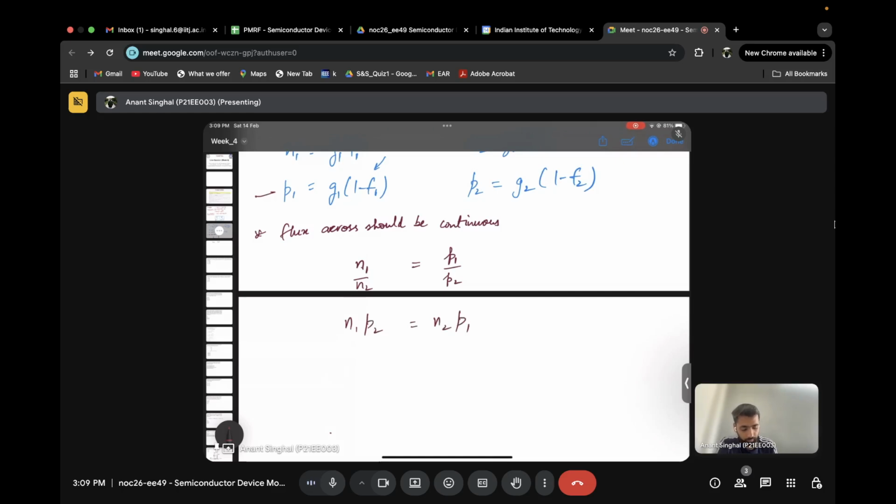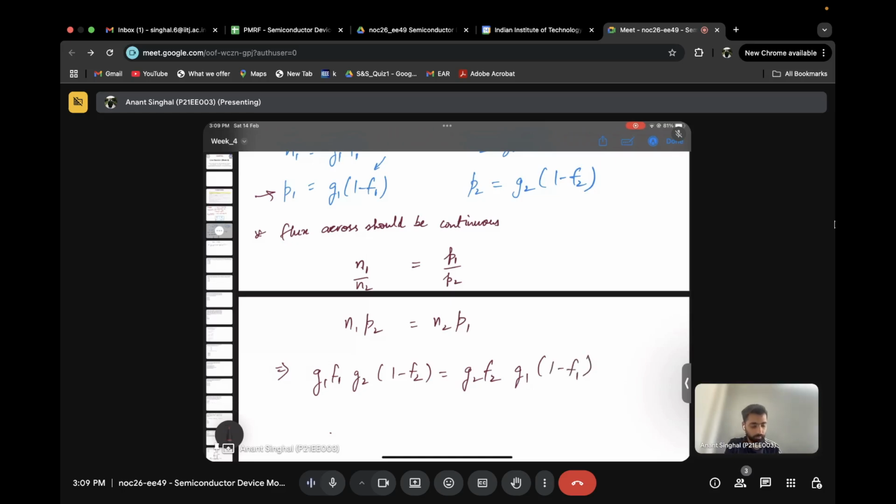Now if we feed these values in, N1 was G1 times F1, P2 was G2 times 1 minus F2, then N2 is G2 F2, and P1 is G1 times 1 minus F1.